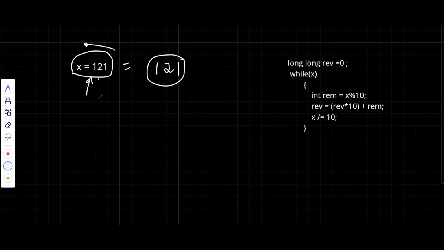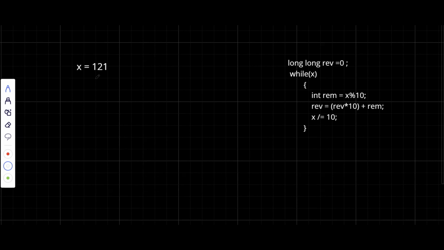If the given input and the generated reverse number are equal, that means it is a palindrome. Otherwise, it is not a palindrome. So now our problem is reduced to generating the reverse number of our given input.